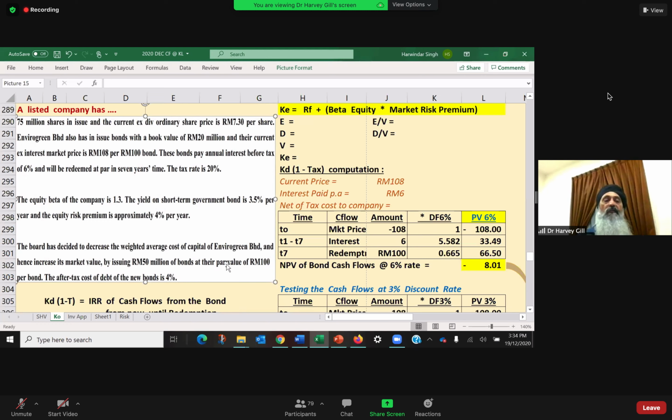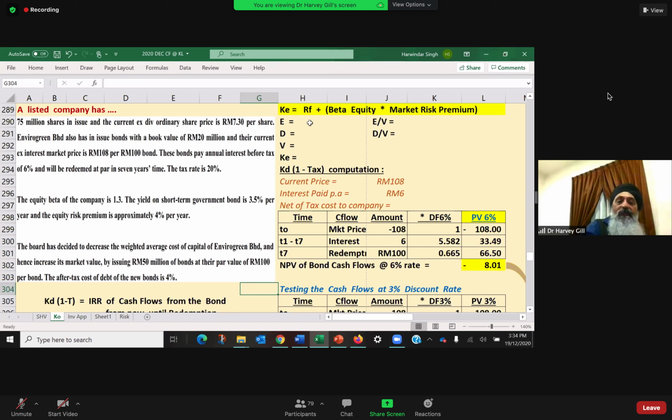Enviro Green Berhad also has in issue bonds with a book value of 20 million. Their book value is 20 million, and their ex-interest market price is 108 per 100 ringgit bond. So you do the math to calculate what is the market value of bonds. Up until now, I've just been giving you the market value, isn't it? So for this question, you will need to work out the D. Do a bit of work on that.